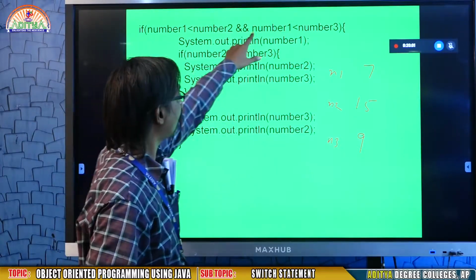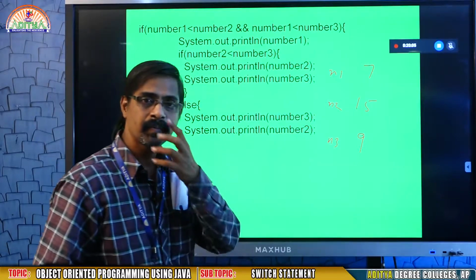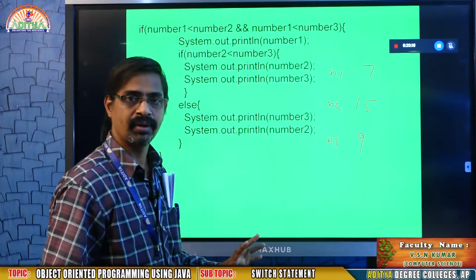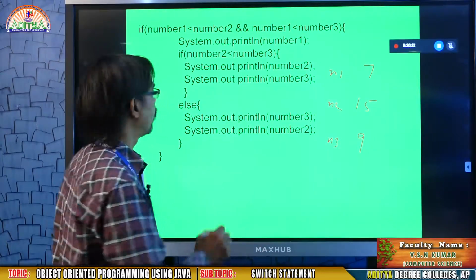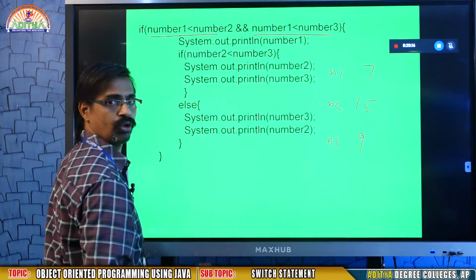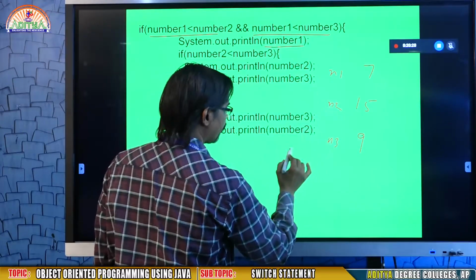Yes. And is number1 less than number3? 7 is less than 9? Yes. That means 7 is small. Both conditions are true. So what will be printed? System.out.println(number1), that is 7 will be printed.